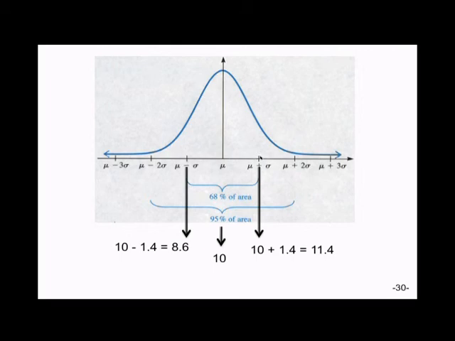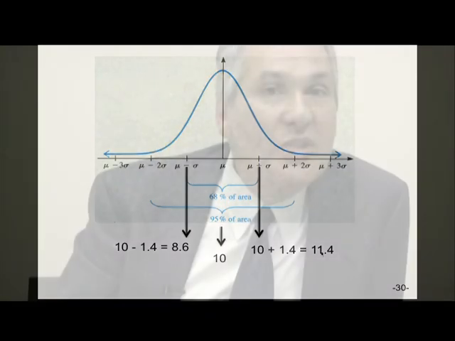So this group of children is representative of a population where 68%, about 2 out of 3 kids, has an age between 8.6 and 11.4. So that concludes the segment on descriptive statistics.